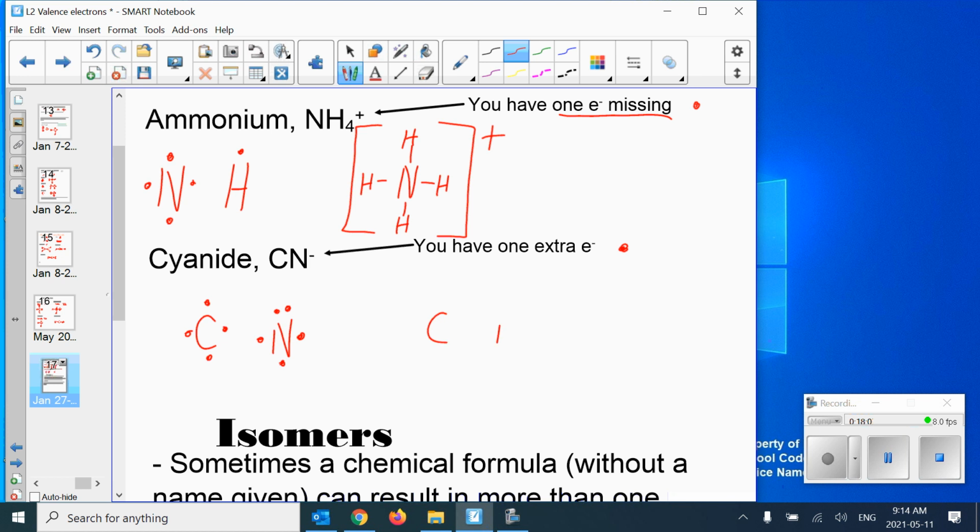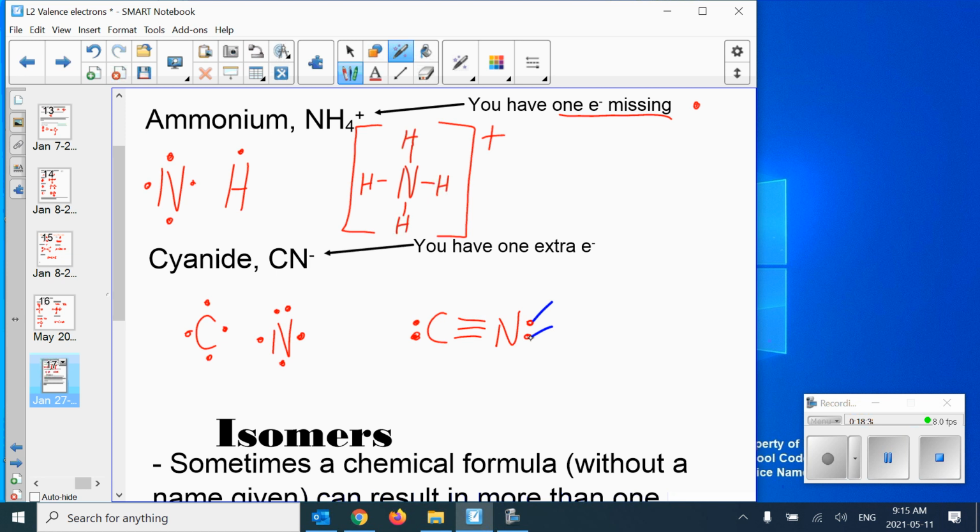Carbon, nitrogen, triple bond. Nitrogen already has the 2 pairs. We have a single here, but I'm going to take that extra electron, put it on the diagram. Guess what? Everything is associated with 8 electrons. For the nitrogen, there's a triple bond, so 6 electrons involved, shared with that triple bond, plus the 2 here.